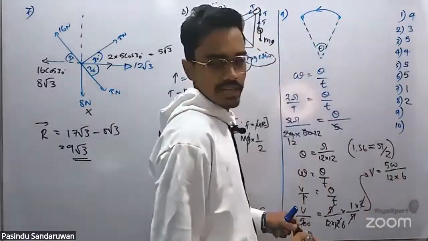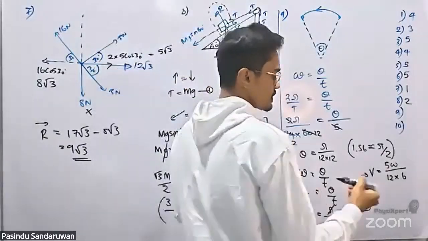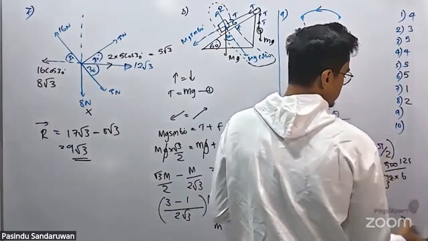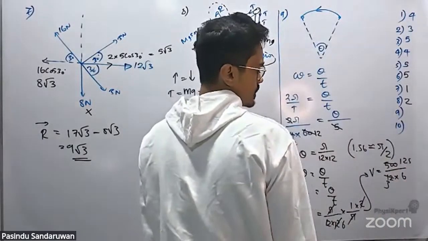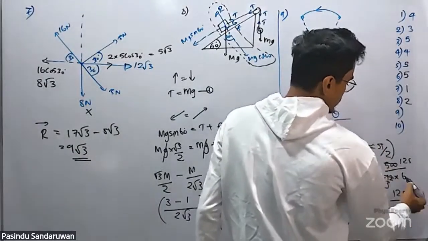By 4, this can be cancelled. This is 4 times 3 and this is 4 times 125. That's all. So the final answer is 125 over 3 times 6, 80.